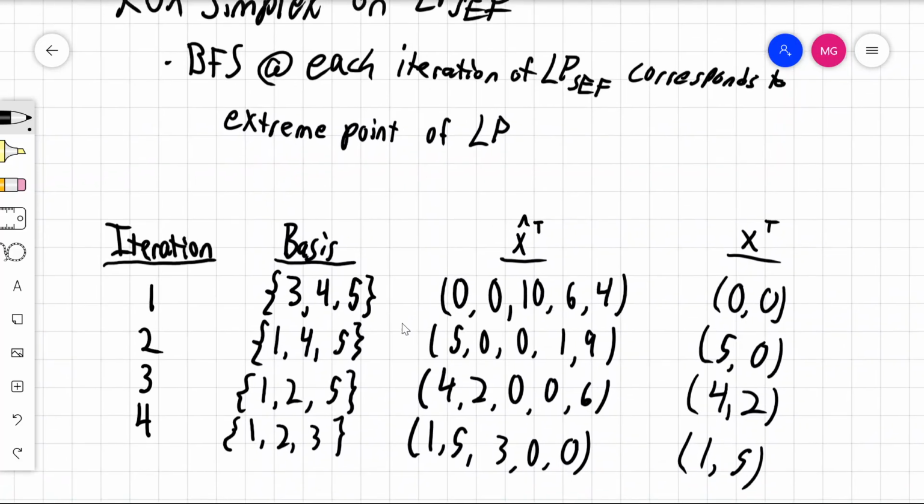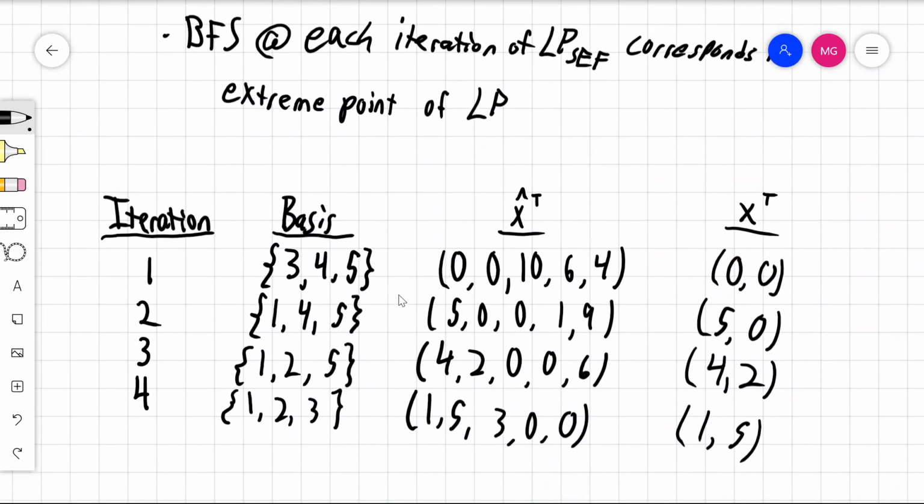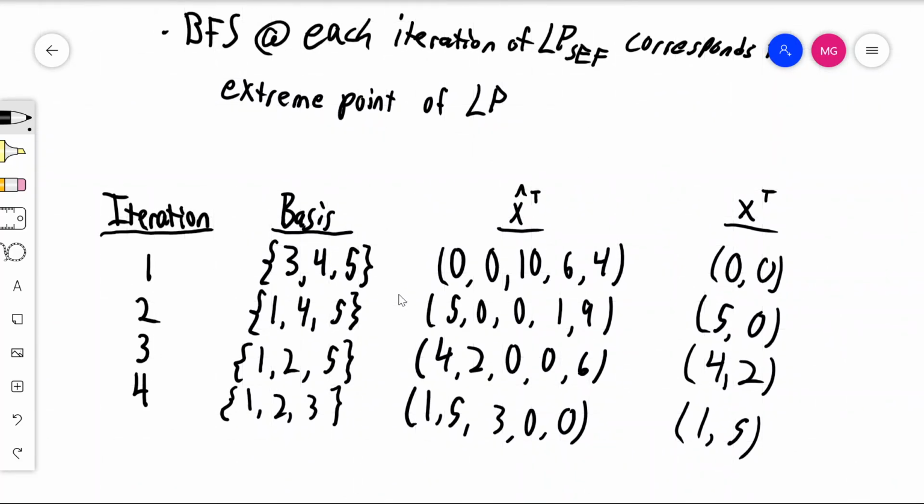And so I won't actually run the simplex algorithm, but if you want, you can, but this is what happens when you do that. You start at this basis here, and then you'll go through multiple iterations. Remember, the simplex algorithm is going through various bases of your linear program.